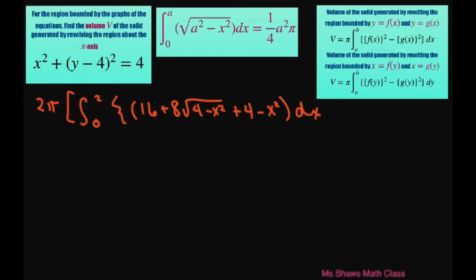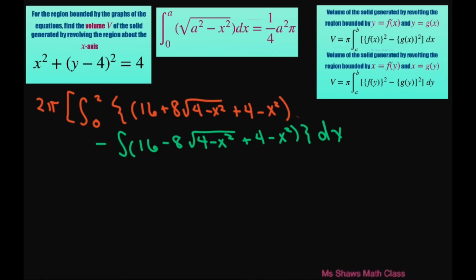Then minus the integral of 16 minus 8 times the square root of 4 minus x squared plus 4 minus x squared dx. We already pulled out the 2 pi. I'll put the dx out here and put everything together.